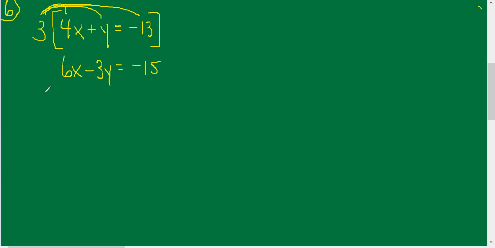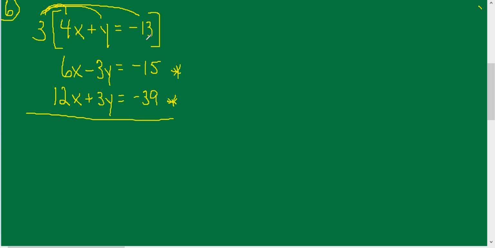So I'm going to have 3 times 4x is 12x. 3 times y is the positive 3y equals 3 times negative 13 is negative 39. Okay, so now here is my system with these two equations here.